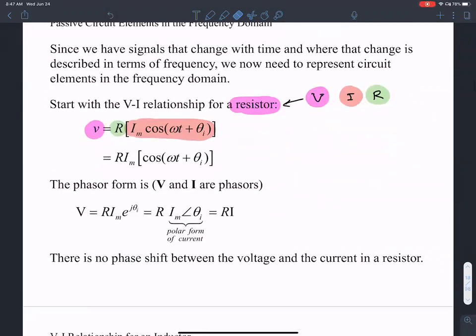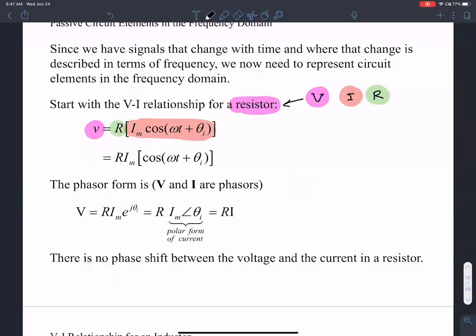The phasor form is given in terms of V and I shown as phasors. The PowerPoint shows them in boldface font; the bold V and bold I are the phasors.